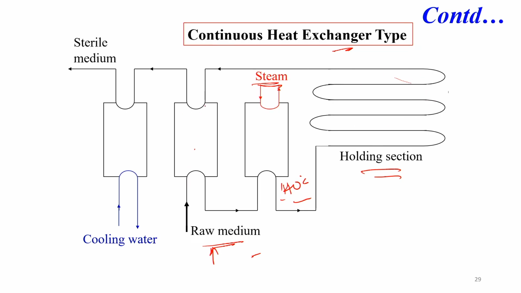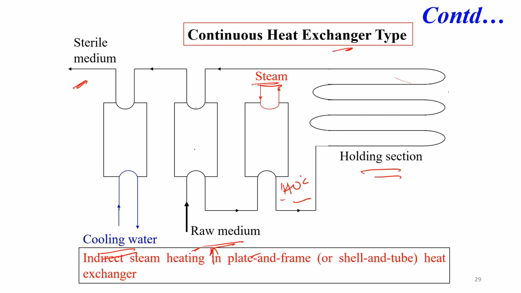Now, it is utilized for the preheating of the raw media, then it is going to the next heat exchanger, and further from here once it is cooled down, you are having the cooling water as another fluid. So, this will be cooled down to room temperature and the sterilized media will go out. So, this is heat exchanger type continuous sterilization.